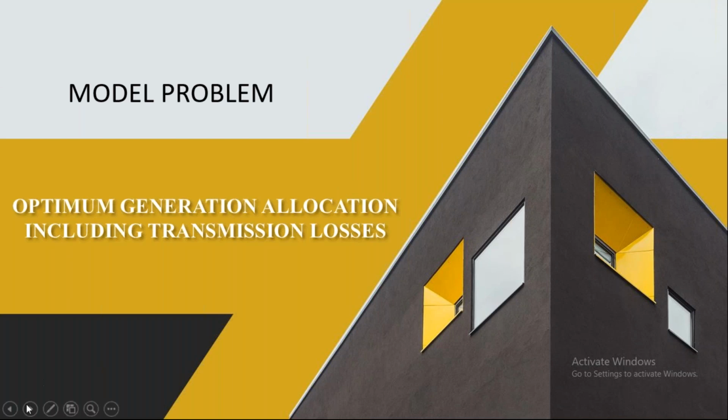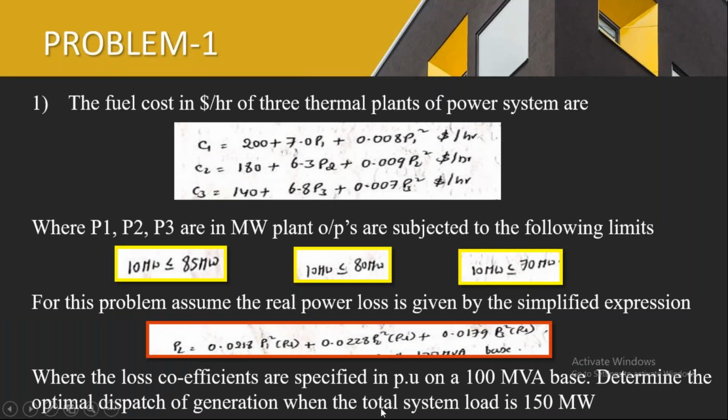First of all, just note down this question. You will get a question like this in the external exam. If they ask a question on including transmission losses, it should look like this.